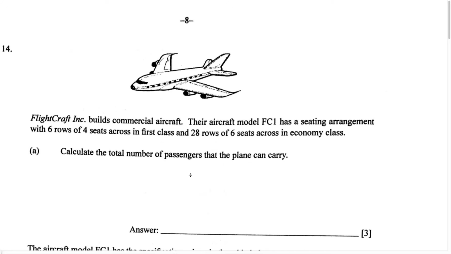To calculate the total number of passengers that the plane can carry, we must first calculate how many seats are in first class. We can say 6 multiplied by 4, we're going to put that in brackets, plus for the economy class, we know we have 28 rows because it says we have 28 rows of 6 seats. So we're going to say 28 times 6.